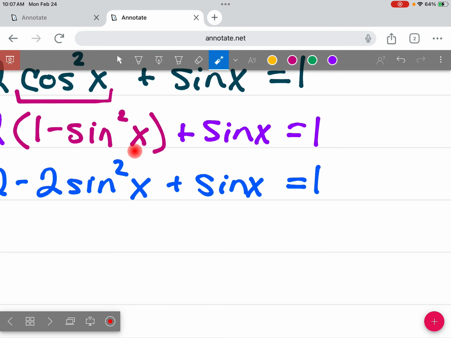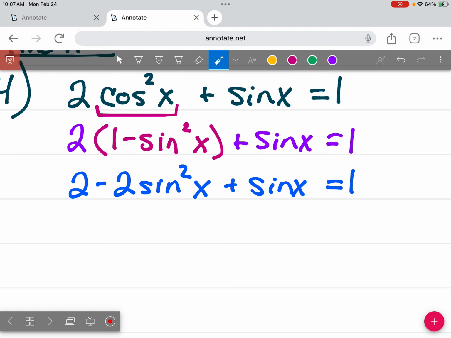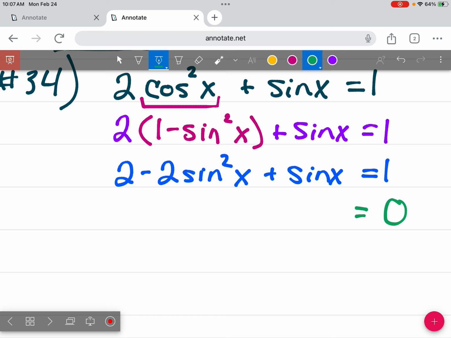I see a sine squared, that's where we get that clue. So let's set it equal to 0, which means I'm going to subtract that 1 from both sides. And I'm going to scooch things around so they're in standard form. So I'm going to have my minus 2 sine squared x plus sine of x. And then we have our 2, and we're subtracting 1 from both sides. So we have plus 1.